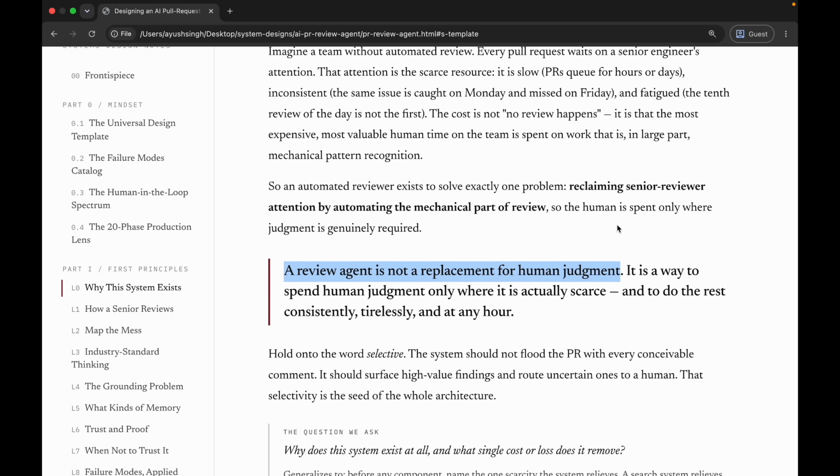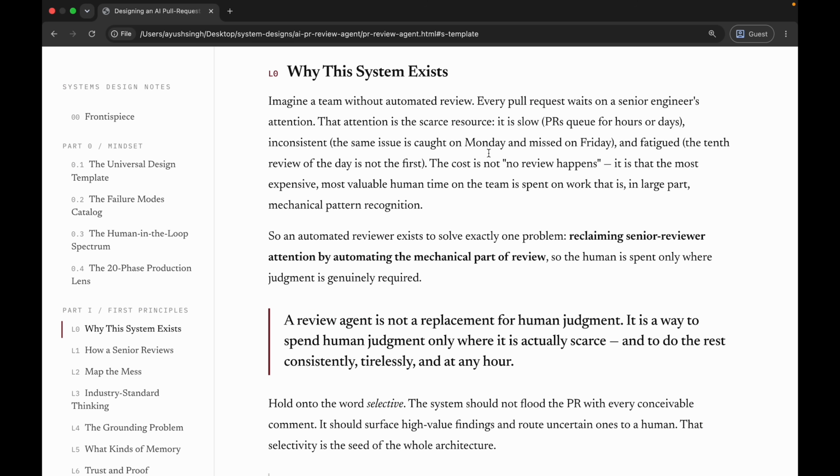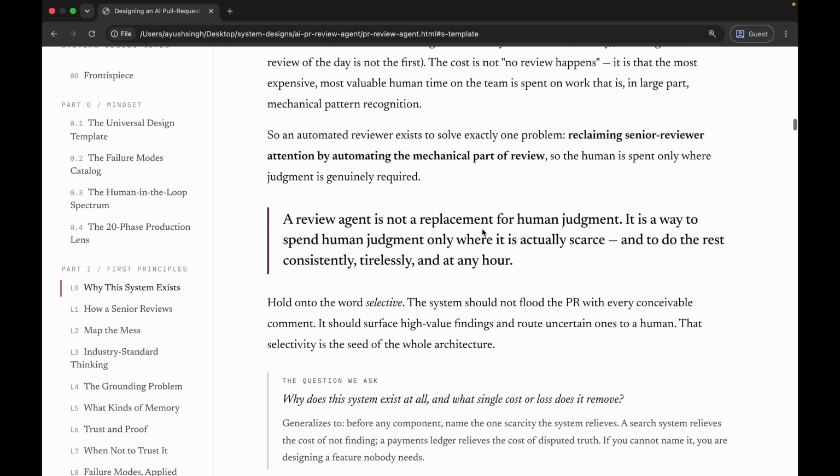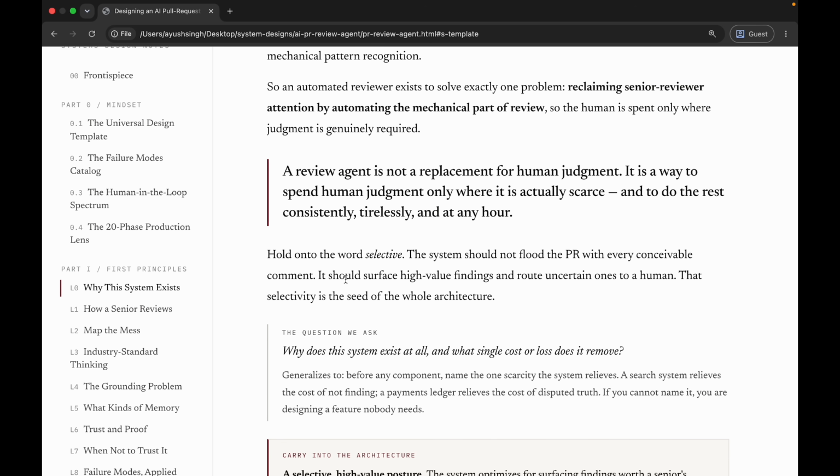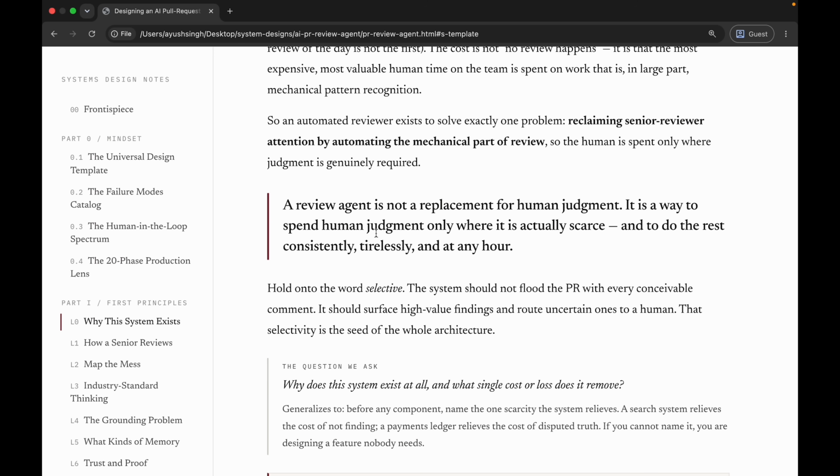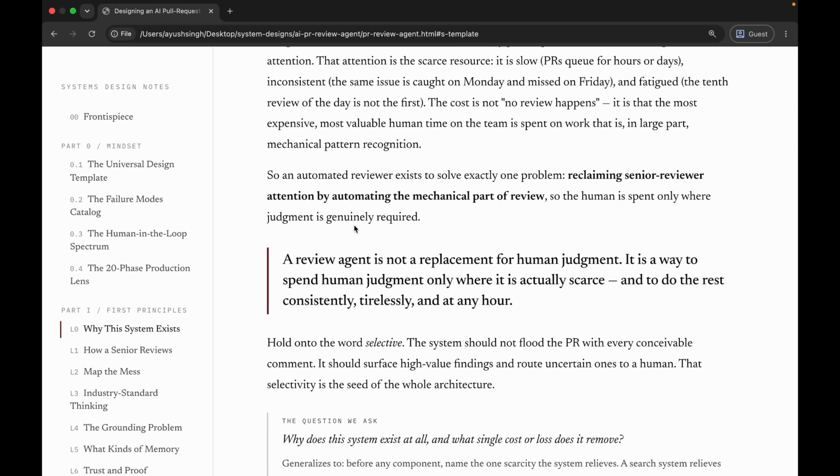And this is the power of listing out the problems. And if we look at the word selective, again, a very, very, very important word, our AI agent should not surface a PR with n number of reviews, correct?